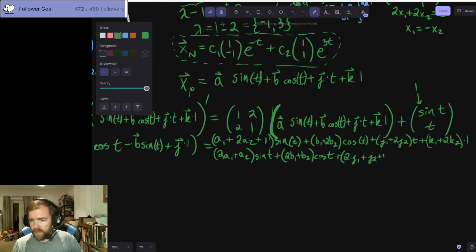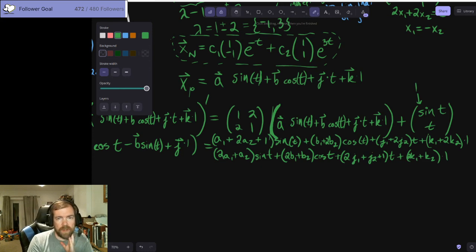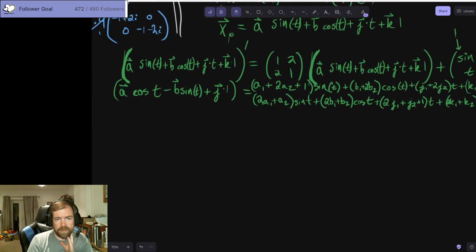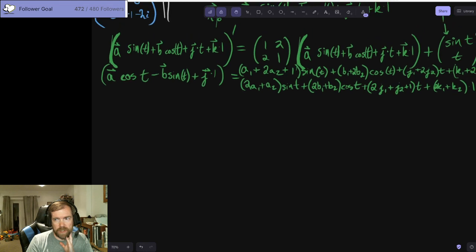So that's plus 1 all times t plus parentheses 2k1 plus k2 times 1. Same deal there. So now we get all of our separate systems of equations that are working together on this.